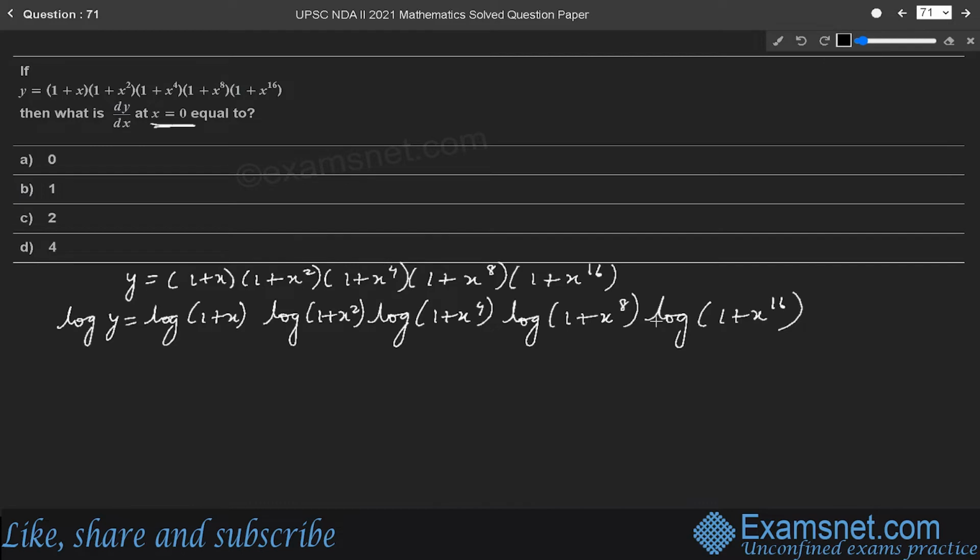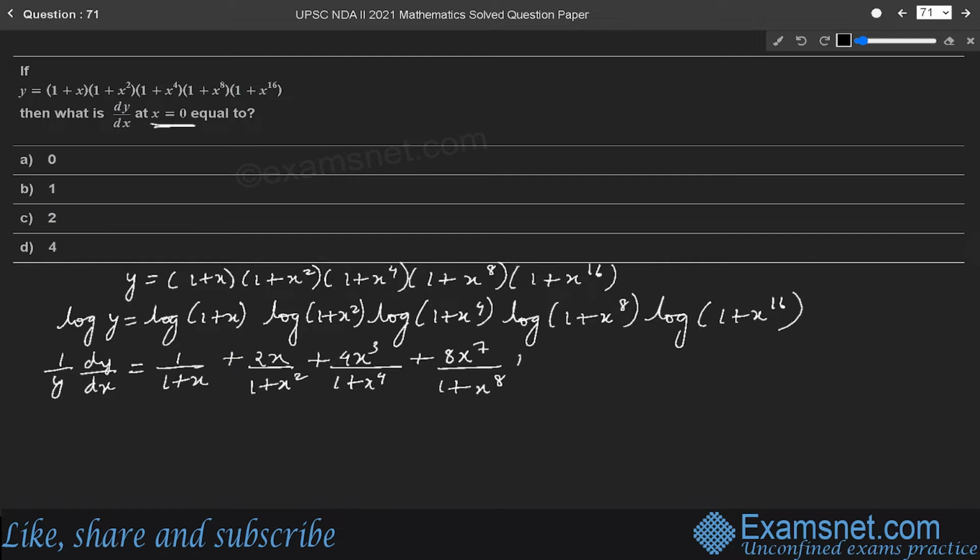So it will be 1 by y dy by dx is equal to 1 upon (1 plus x) plus 2x upon (1 plus x square) plus 4x cube upon (1 plus x to the power 4) plus 8x to the power 7 upon (1 plus x to the power 8), and similarly it will be 16x to the power 15 upon (1 plus x to the power 16).